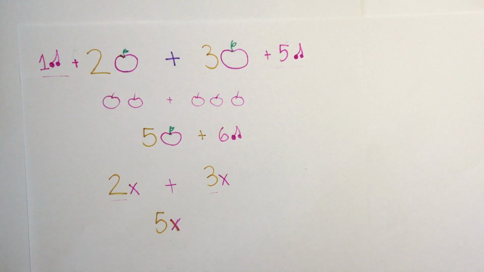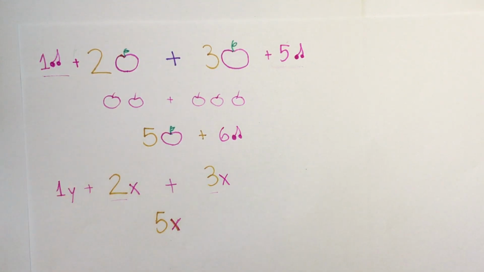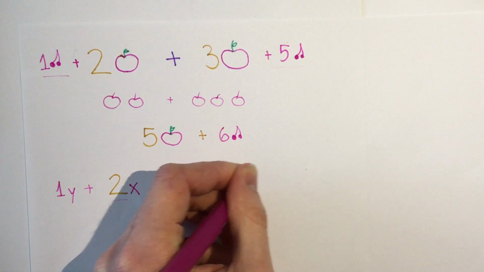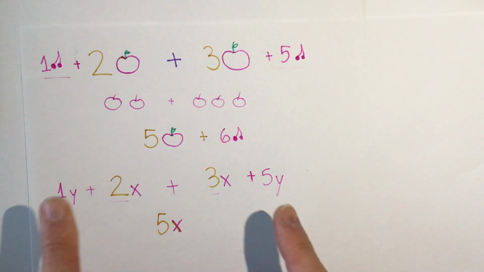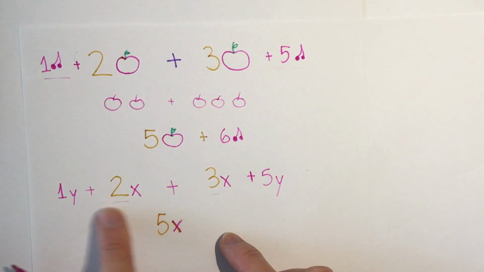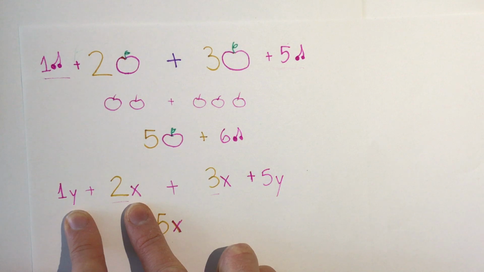The same thing can happen with our algebra problems. Maybe we have a second variable. Instead of 2x plus 3x, we have 1y plus 2x plus 3x plus 5y. Just like the apples and cherries, adding an x and adding a y doesn't work. We can't combine those.